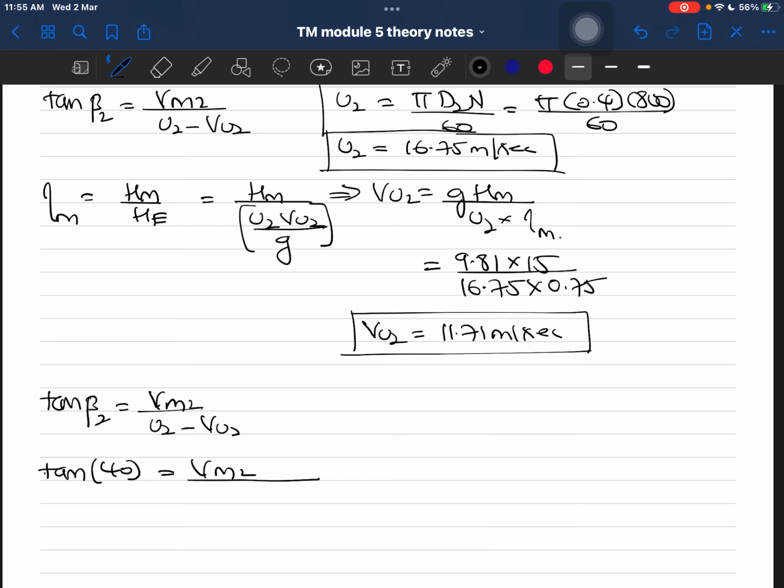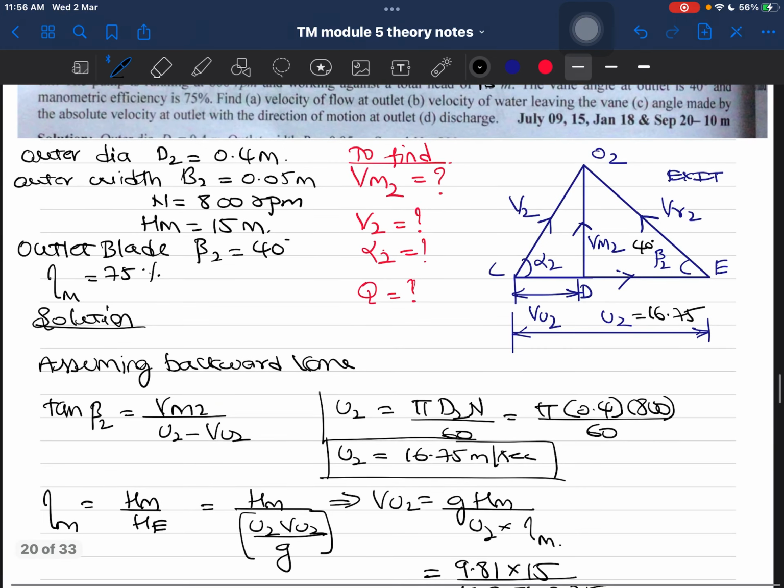U2 and Vu2 you have just calculated. U2 is 16.75 minus 11.71. From this, the value of Vm2 is 4.23 meters per second. Okay, I'll immediately enter here as well.